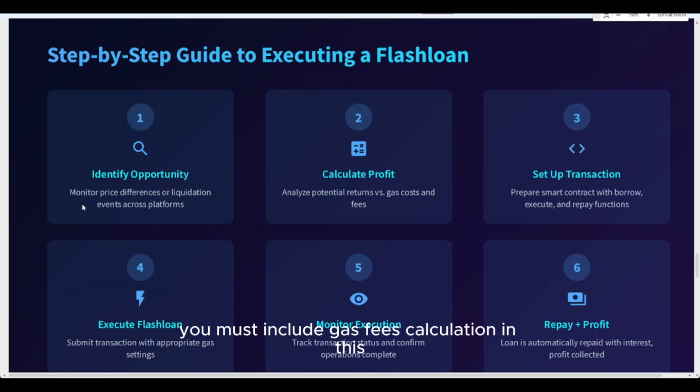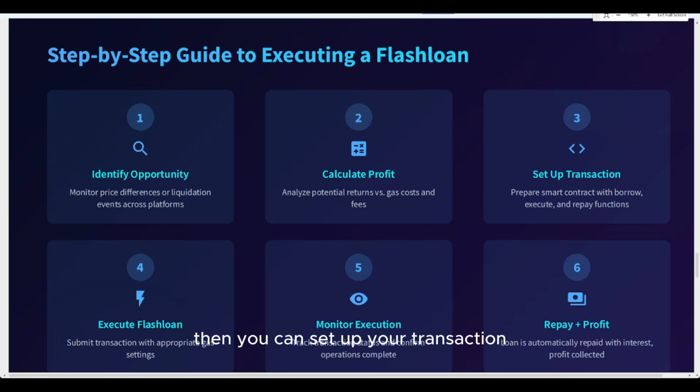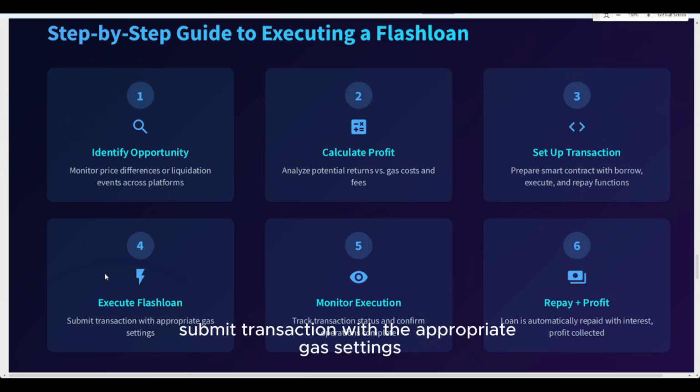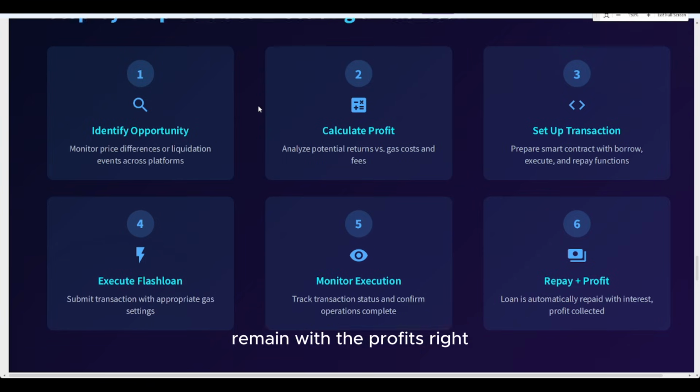You must include gas fees calculation in this. Then you can set up your transaction using apps like Furucombo. Go ahead and execute your flash loans. Submit transaction with appropriate gas settings. You see your execution, and then you repay the loan, remain with the profits, right?